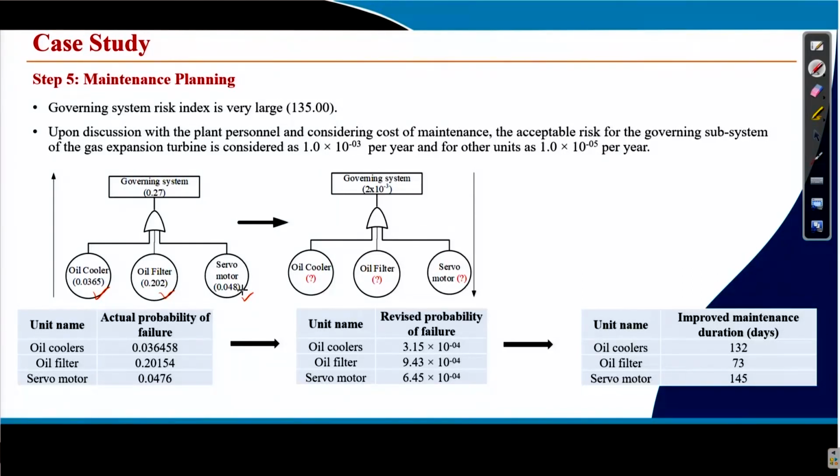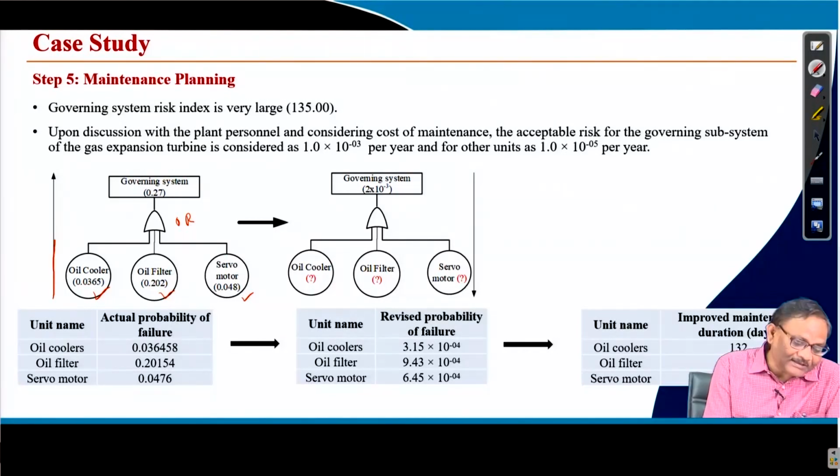And we consider that the other components' failure probability is negligible, and then with reference to this fault tree, there are three basic events and the governing system failure related with an OR gate, so this we prepared, and this we are saying is the fault tree.